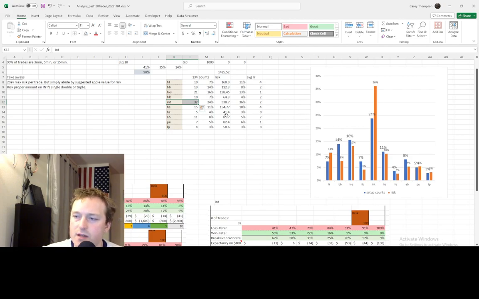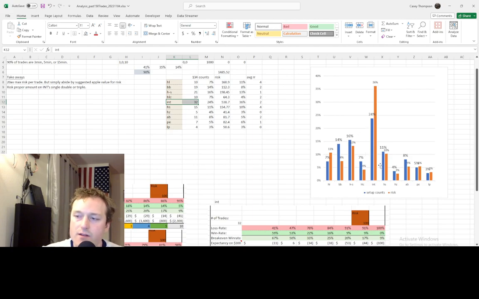And then I was taking a look at the risk. So if you see this graph on the right here, the orange is the risk. What percent of all my risk that I'm taking is centered on this setup? But then the blue is the counts. What percentage of the trades?